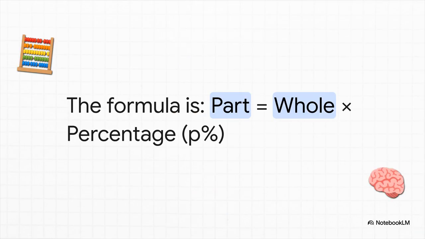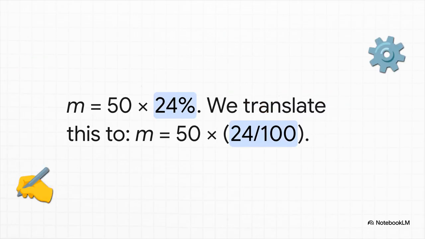And this brings us to the core formula, the one you'll use for almost any percentage problem. It's simply this: the part equals the whole times the percentage. So in our question, the part is the mystery number m, the whole is 50, and of course, the percentage is 24%. Let's plug those numbers in. We get m equals 50, that's our whole, times our percentage.